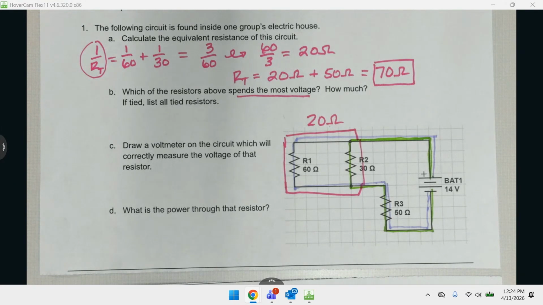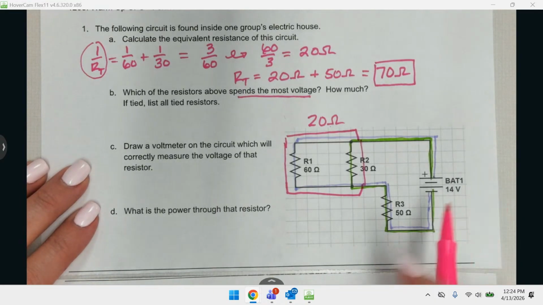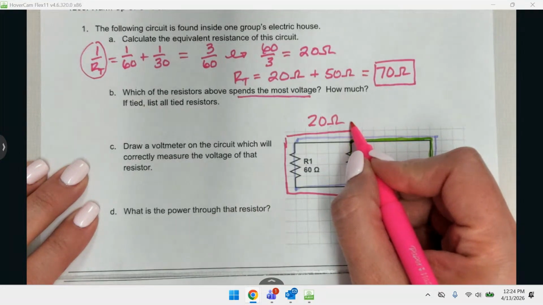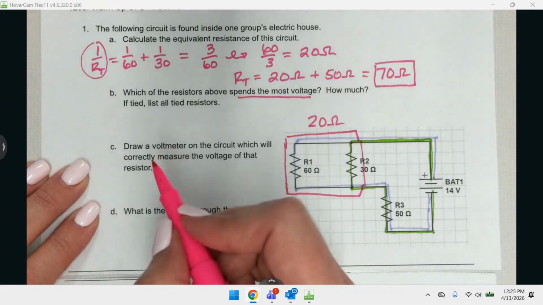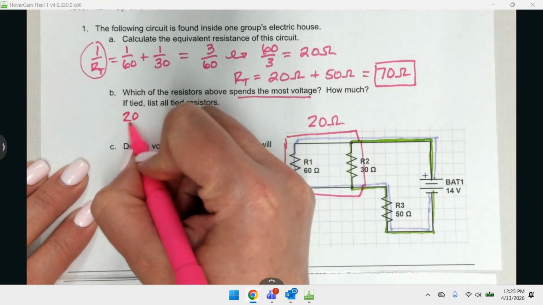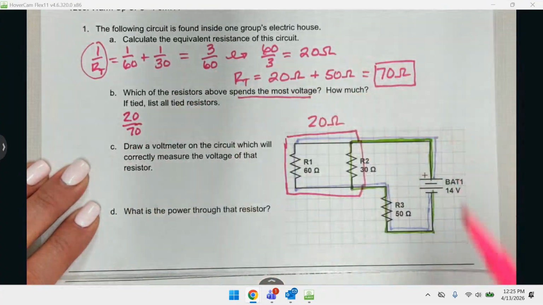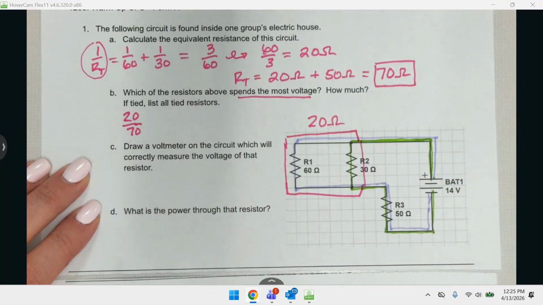We've only done a couple of examples like this in class, but if you wanted to figure it out, this would be 20 out of a total of 70. So figure out what that is as a percentage or a decimal. Obviously it's less than half.